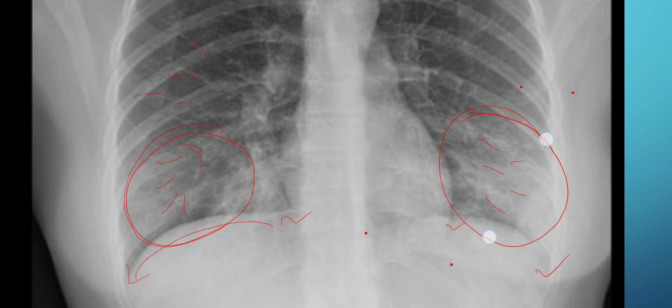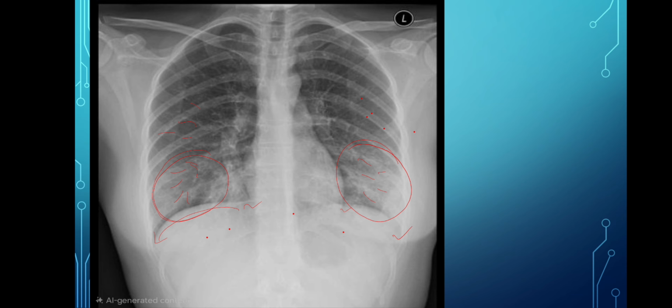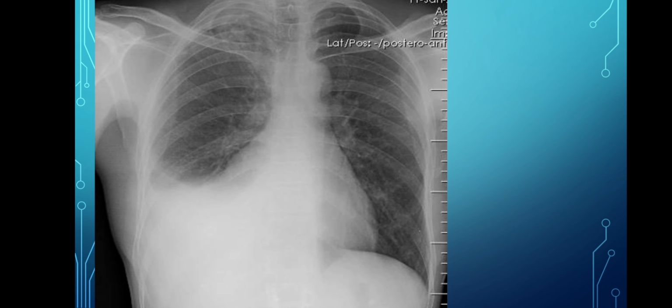So this is a diagnosis of interstitial pneumonia, because there is a mesh-like opacity present throughout both the right and left lower zones.